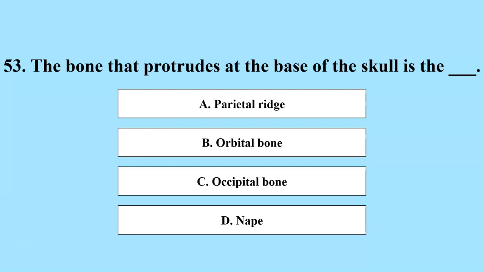The bone that protrudes at the base of the skull is the parietal ridge, orbital bone, occipital bone, nape. If you chose C, occipital bone, you are correct.